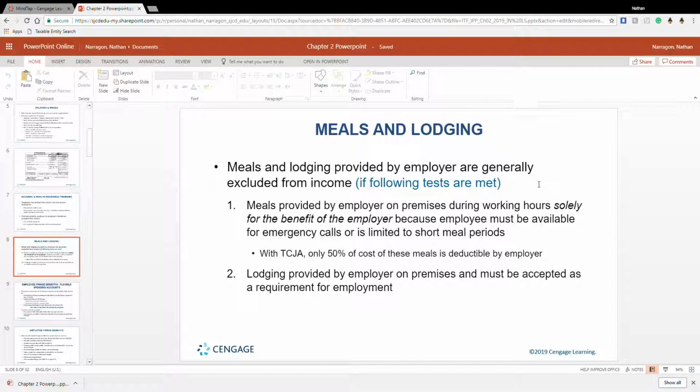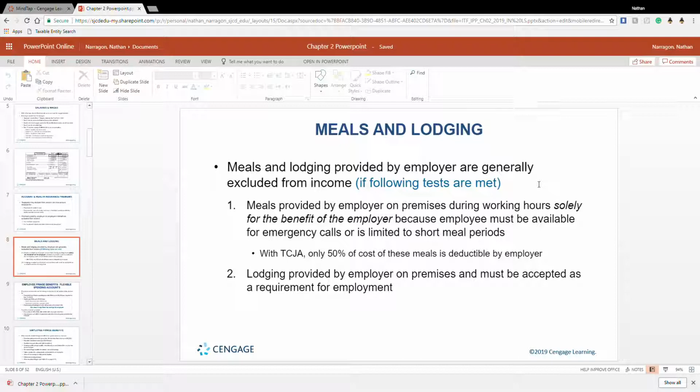Now, with this one, we're only allowed to deduct 50% of the costs as the employer. So the employer can only deduct 50%. No matter what, if you want to be a good boss and provide the donuts and certain things, that's a good one.